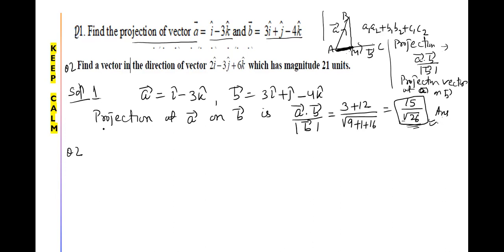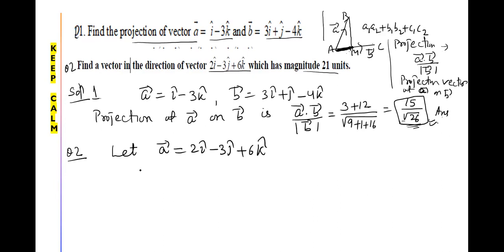Now coming to question number 2. Find a vector in the direction of 2i minus 3j plus 6k which has magnitude 21 units. Let the vector which is given to us be A, 2i minus 3j plus 6k.